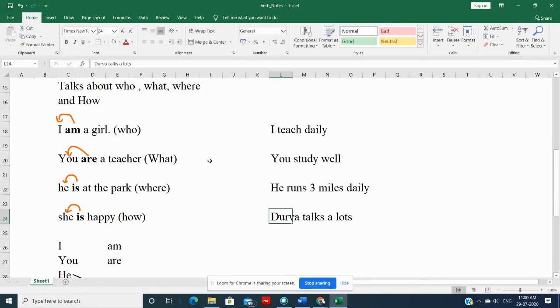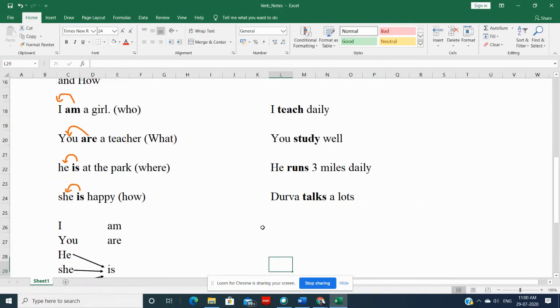Right? Now, if you see in these sentences, in I teach, teach is your action verb. In you study well, study is your action verb or action word, right? And runs is also your action word. Now, if you say Durva talks, that is also your action verb. All right. So all these words talk about actions and that's why they are action verbs.